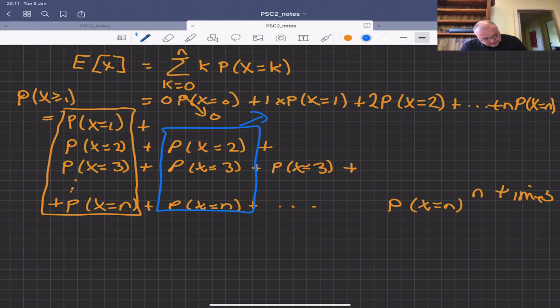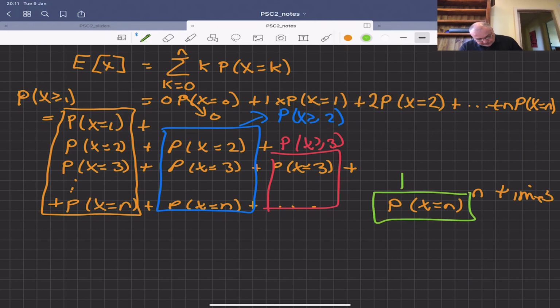This is the probability that X is greater than or equal to 2. And then this next column will be the probability that X is greater than or equal to 3. All the way to the last one, all I've got is the probability that X is greater than or equal to n, which is just X equals n.